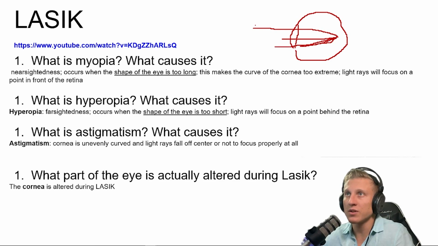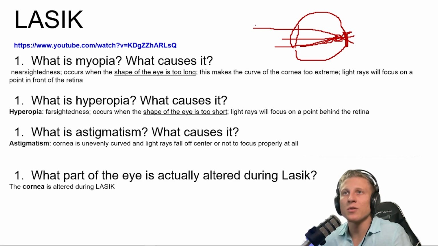Oh my goodness, the drawing is terrible, I know. But it's coming into focus here rather than over here on the retina itself. So by the time it hits the retina, these light rays will now be basically going out of focus. Hopefully that makes sense. I know the drawing's terrible.